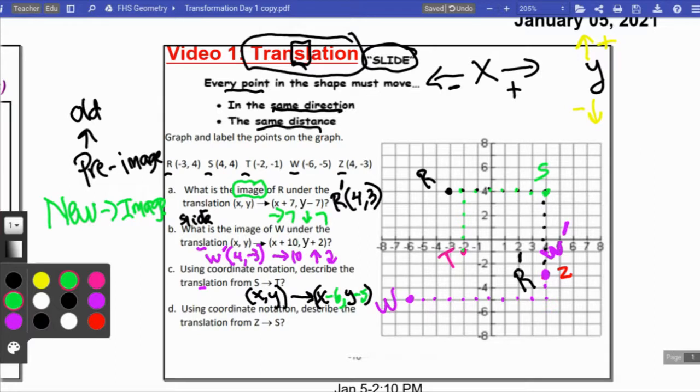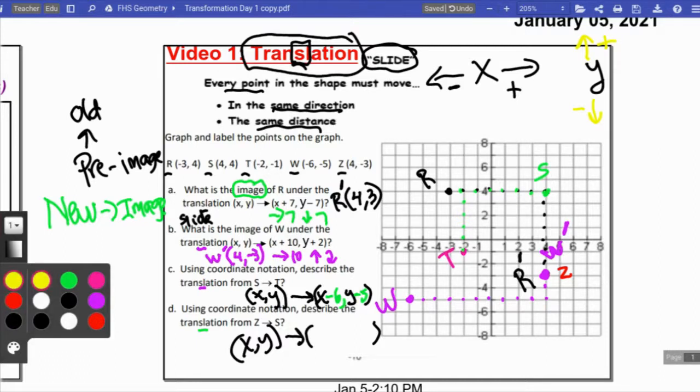It says use coordinate notation to describe the translation from Z to S. So slide from Z to S. Let me start with my little arrow. Z is located right here. Let me use a different color. Yellow.